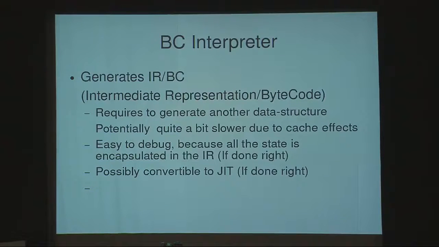It can be slower than AST interpreters, because AST interpreters can make better use of caching, because they don't have to reference new values, but bytecode interpreters are much easier to debug, because all the state is right in the IR, and you can dump out what the IR does, which I would show you if I had a bigger screen, but I don't.